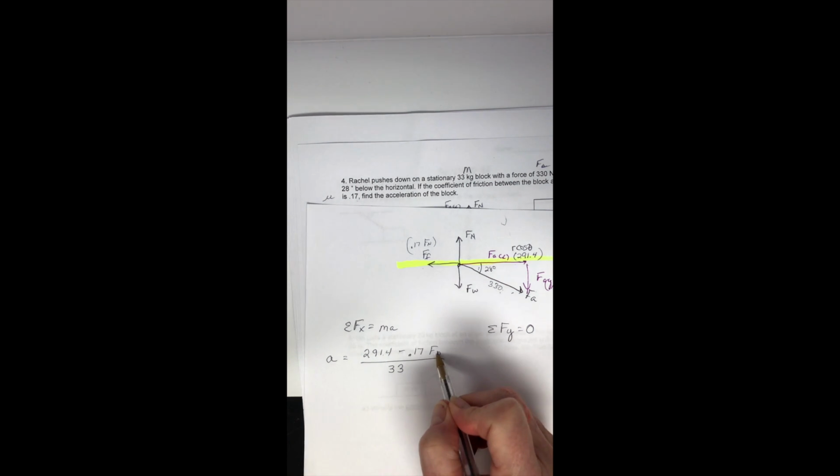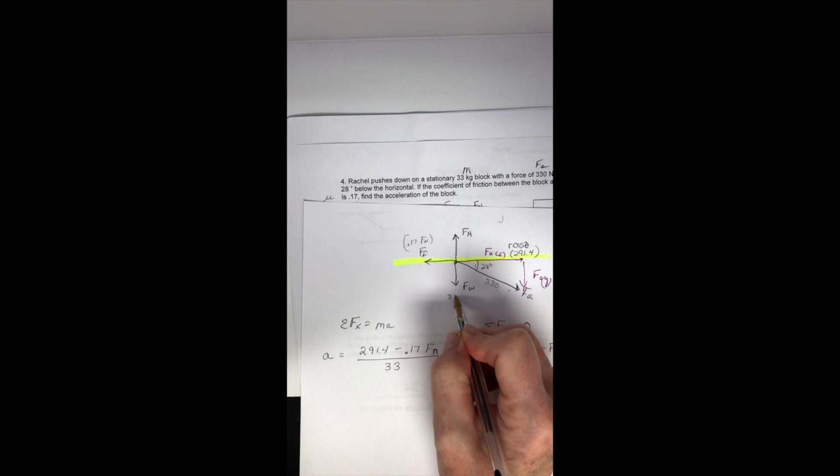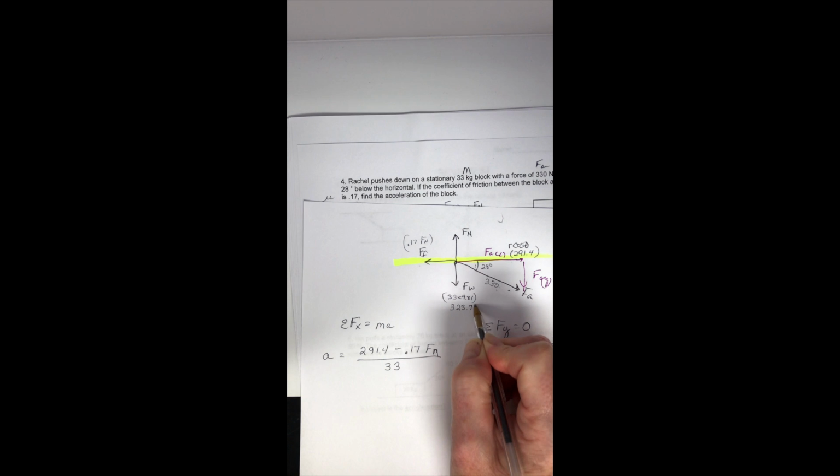I get to force normal. Dadgummit, if I only had force normal. Where is force normal? He's a Y guy. So let's go get them in the y equations. Don't I have force normal minus force weight? I forgot to calculate force weight, which was 33 times 9.81, which turned out to be 323.73.